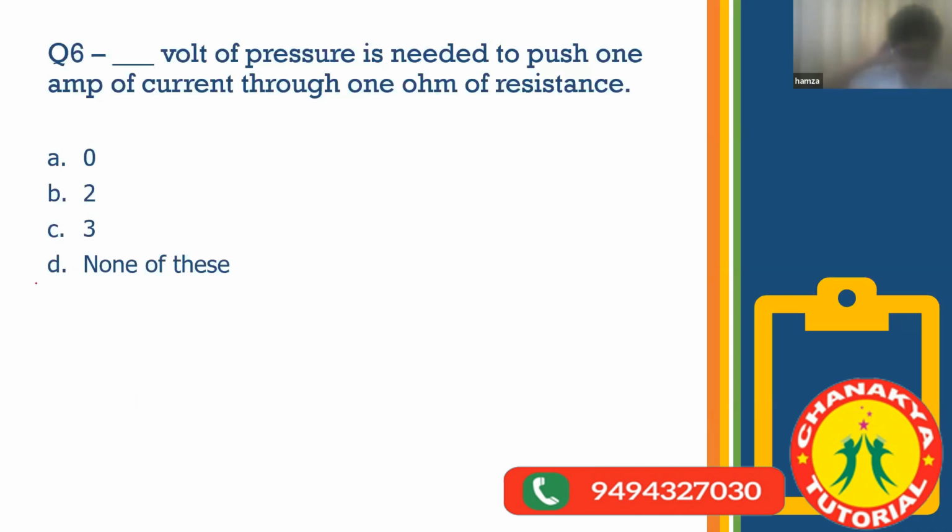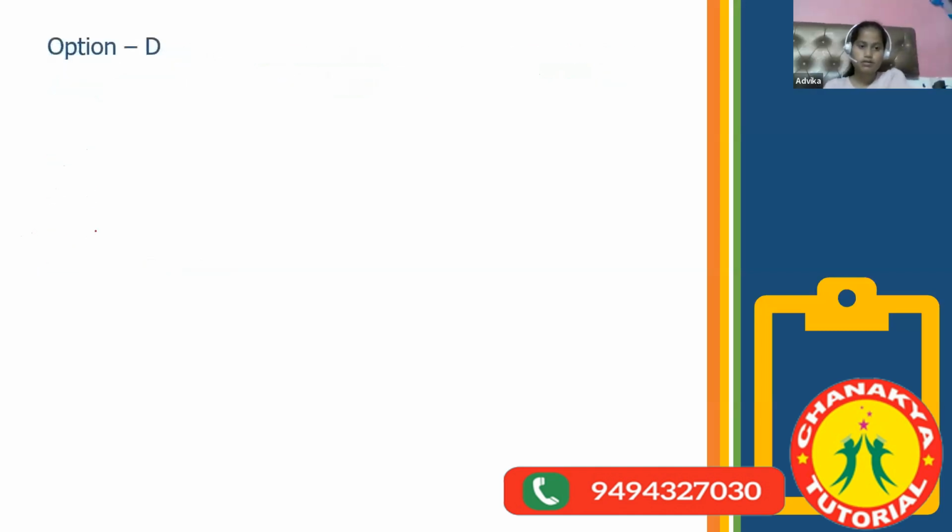I would say 3. How do we get 3, bro? Voltage is equal to I into R. So we are going with none of these. Is that your final answer? Yeah, finalized. None of these. So your answer is right.